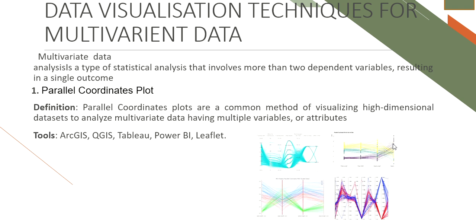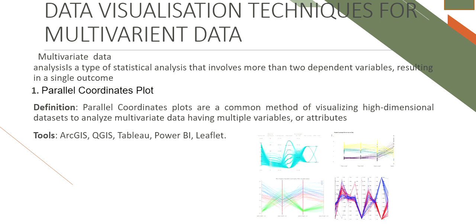Power BI also has multivariate data representation. If you purchase the paid version of Power BI, then you can go for parallel coordinate plots. So the tools will be provided.